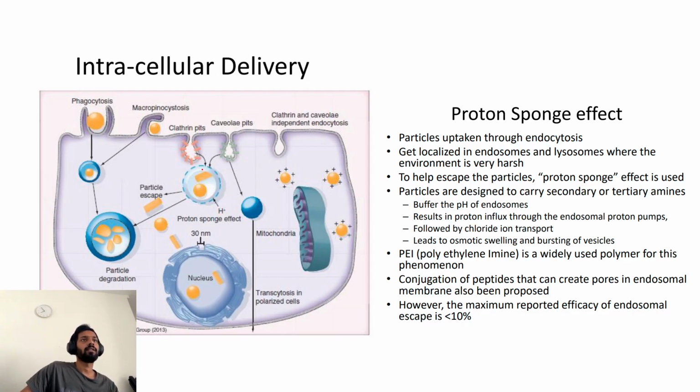Because it ends up in endosomes, it's not able to access any of the intracellular organelles or components. The particle is contained within this endosome, and even if it releases the drug, the drug will also be in the endosome itself. It cannot reach the nucleus, the mitochondria, or any of the enzymes that we might want to target outside the endosome.